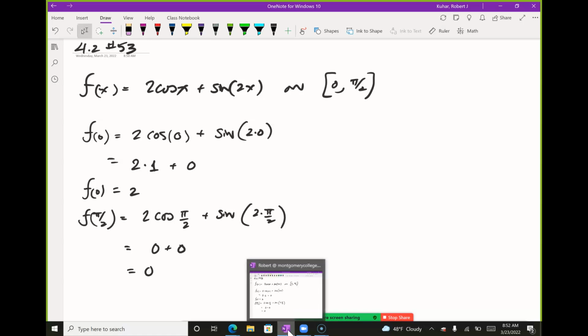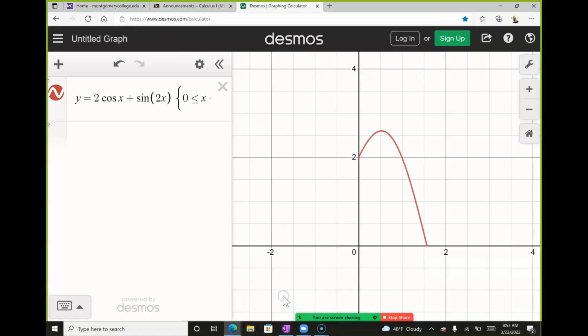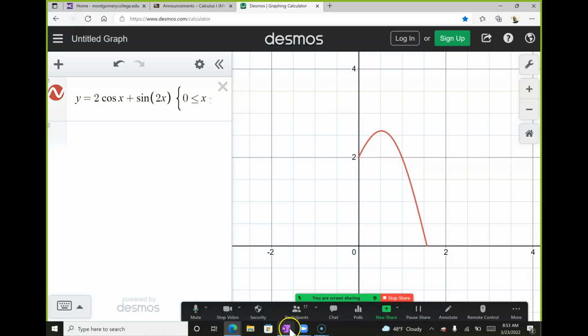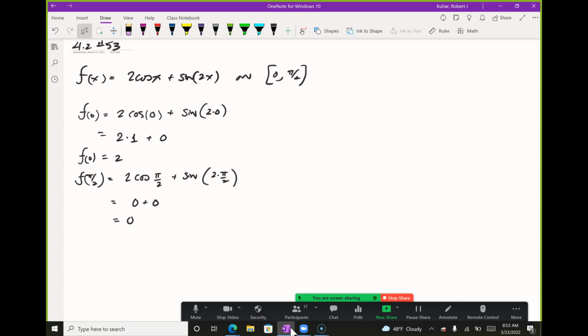So I certainly can go and update my graph there. Those are pretty obvious from the graph, so I won't bother in this case. I can look at the graph and see that those points are true. I see 0, 2, and I see pi over 2, 0. So I don't really need to update the graph there. I know I'm right, right? But I need to find the derivative.